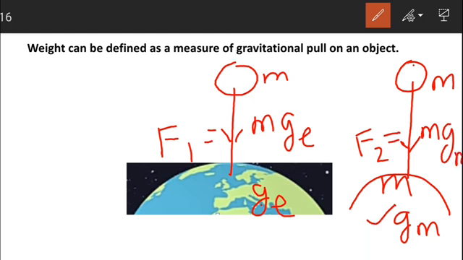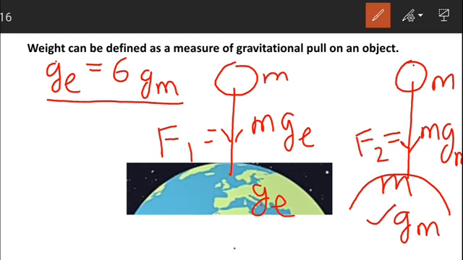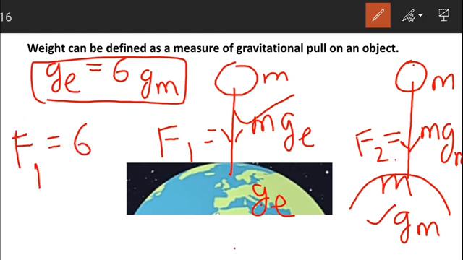Again students, you know that the acceleration due to gravity GE on the surface of Earth is 6 times the acceleration due to gravity on the surface of Moon. From this relation, we can say that the force F1 is equal to 6 times the force F2. It means the gravitational pull acting on the same object due to the Earth is 6 times stronger than the gravitational pull acting on the object due to Moon.